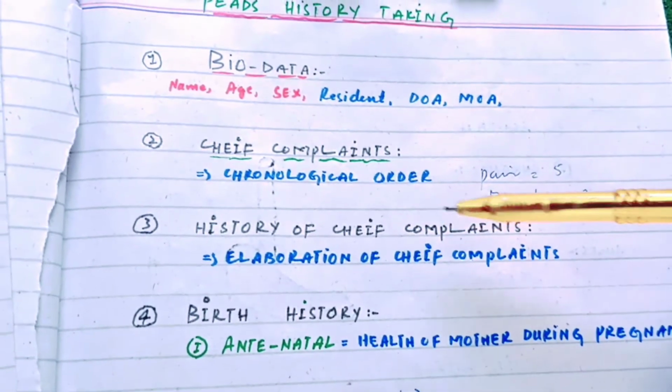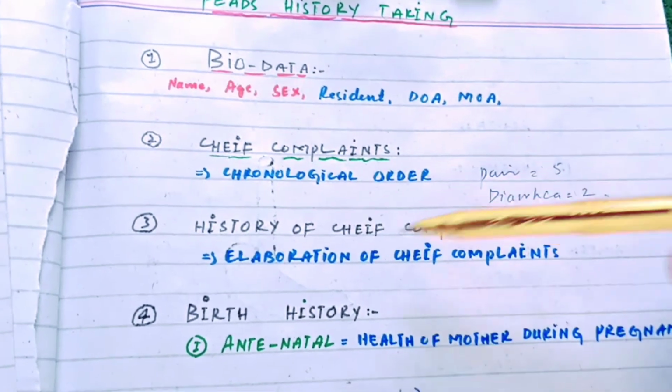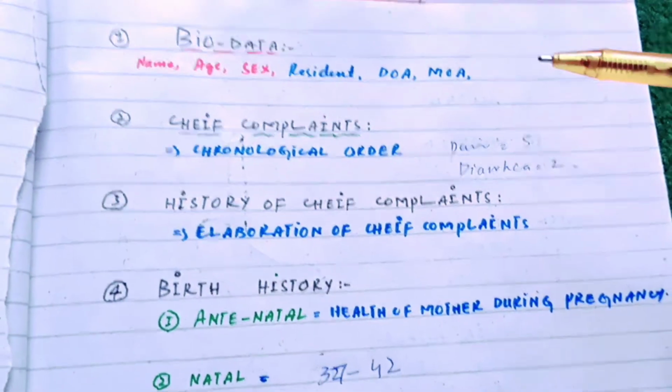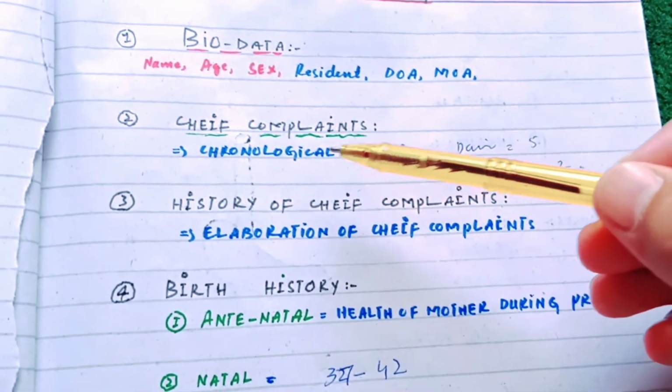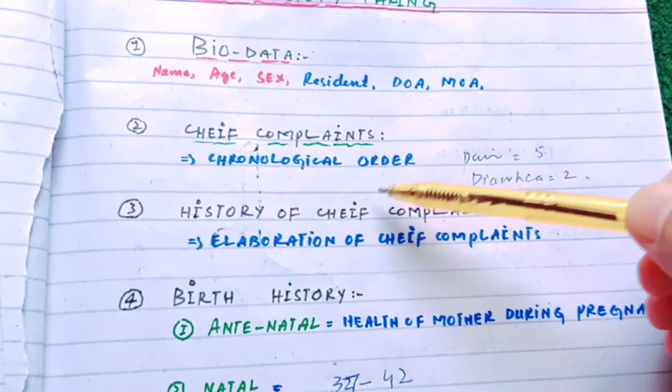This is called chronological order. The third thing in pediatric history taking is history of chief complaints. In history of chief complaints, we actually elaborate the chief complaints one by one.